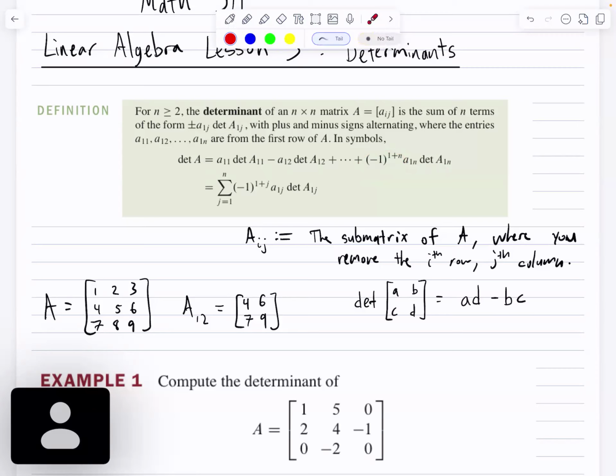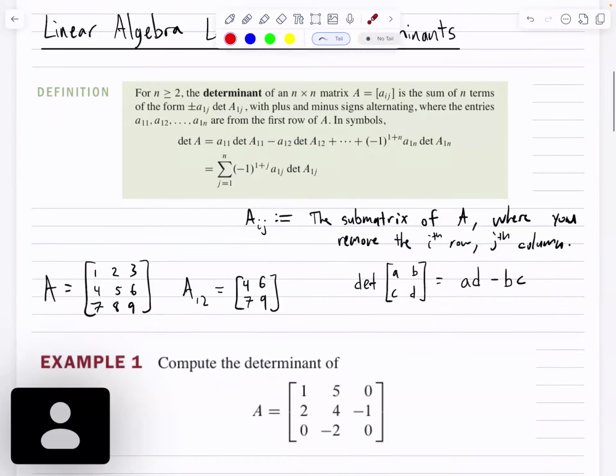So for bigger matrices, we break them up until we get 2 by 2 submatrices, because then we get a number. That determinant is some quantity associated to a matrix. In particular, we only really care whether the determinant is non-zero or 0. It also has some geometric properties, but we don't have time to get into that. Our purpose is just computing them so we can figure out when they're 0.